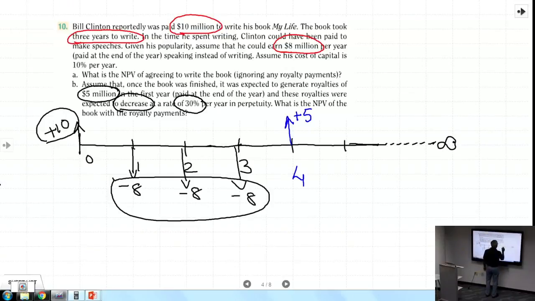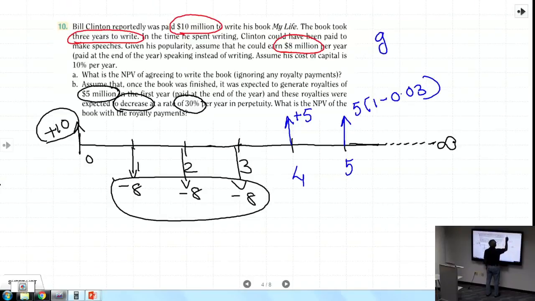But then in year 5, that cash flow goes down by 30%. So it's 5 million times 1 minus 0.3.